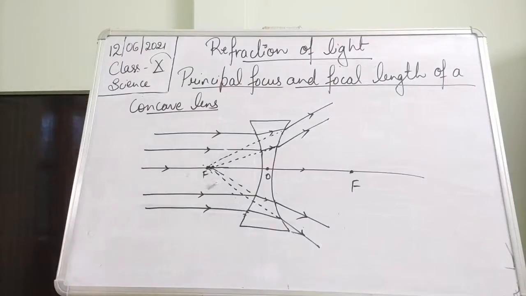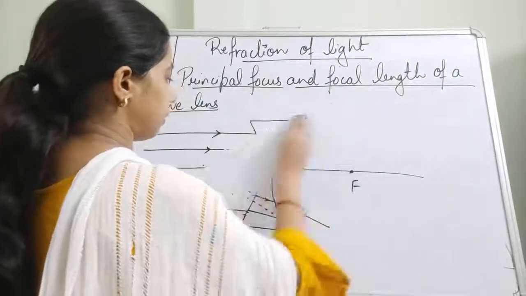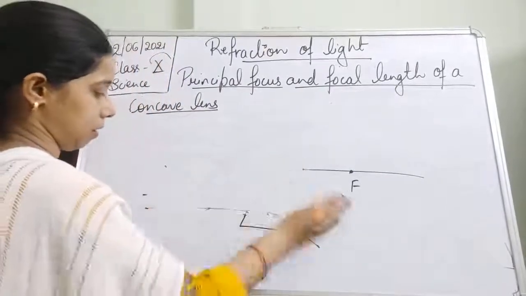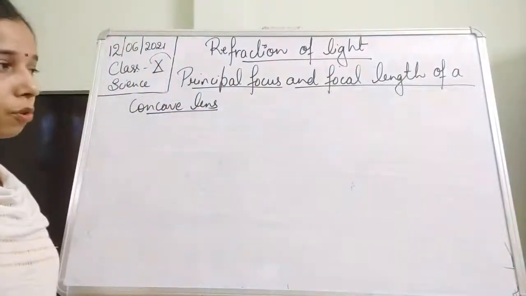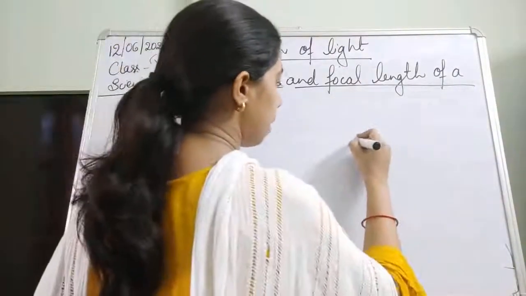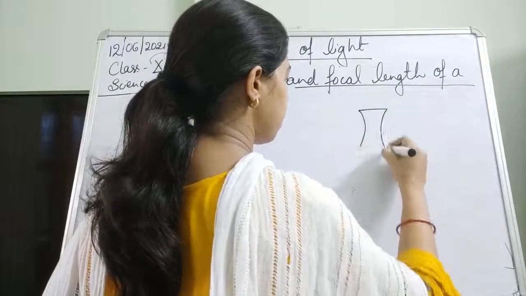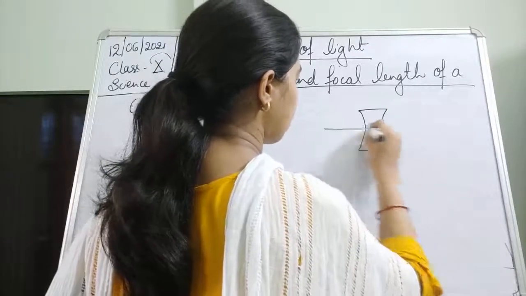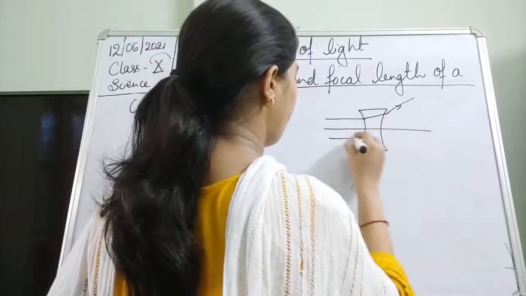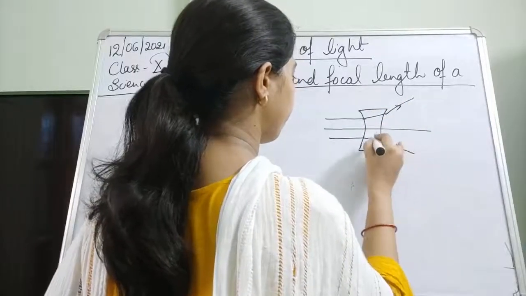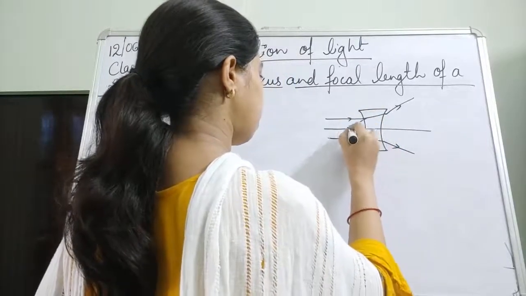And here again the definition of the principal focus will be... I am drawing the diagram again, but in a smaller diagram, in order to make you understand again. So if this is a converging lens, all of them meet at a point.